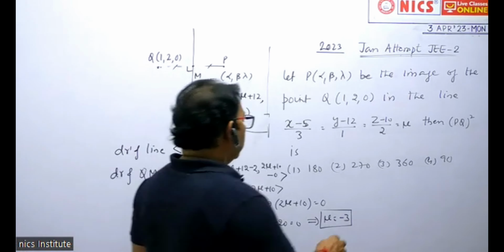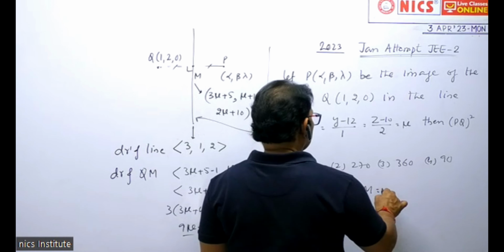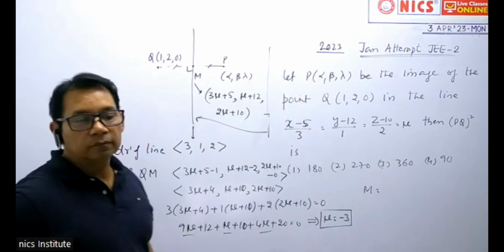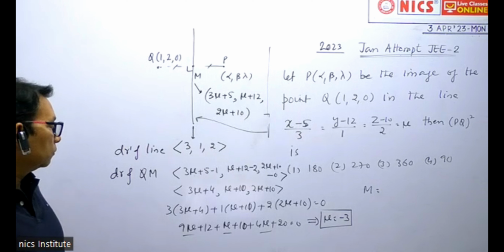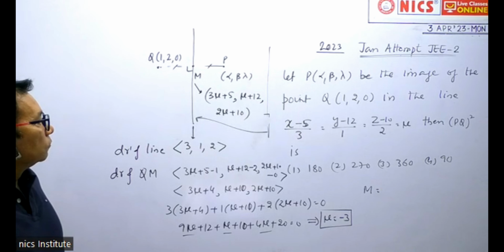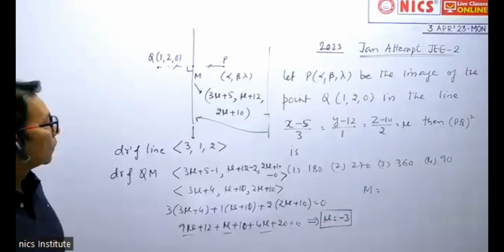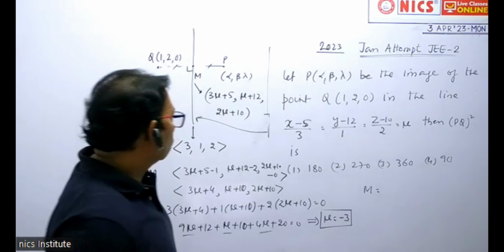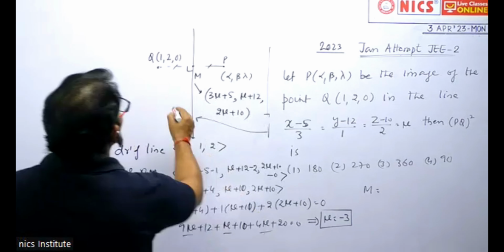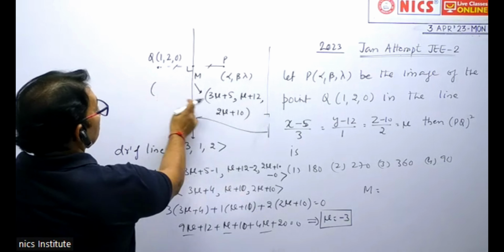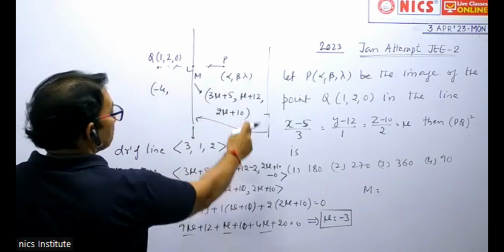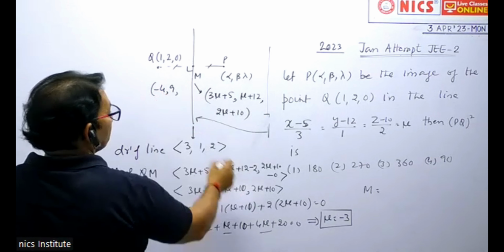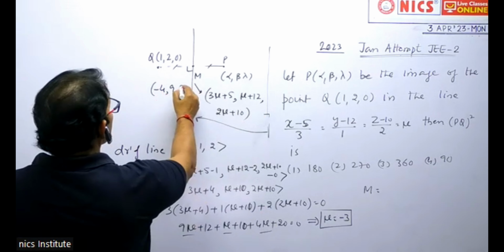So now you know the coordinates of the point M. The coordinates of point M: minus 9 plus 5, that is minus 4; minus 3 plus 12, that's 9; and minus 6 plus 10, that is 4.